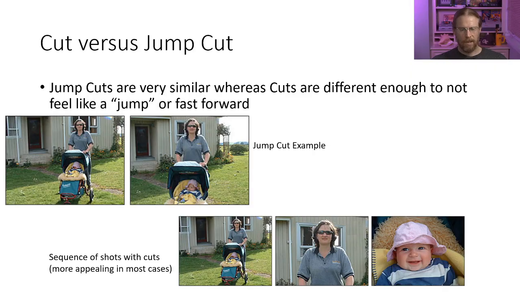So maybe show both her and the stroller completely, then just show the lady, framing like a portrait view, and then the baby. That would allow you to shorten the length of the presentation, and still tell the story of the woman getting closer, and then seeing the baby. That could all be shortened, but not feel like these awkward fast forward moments.